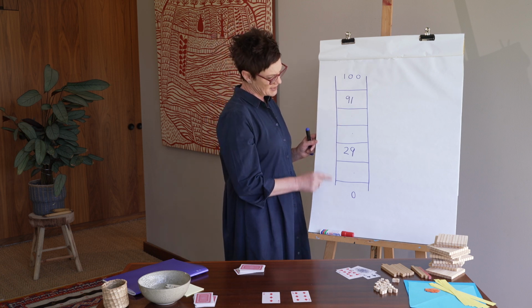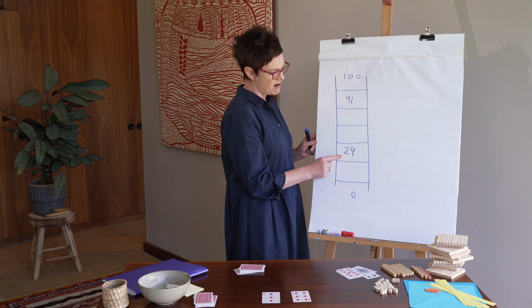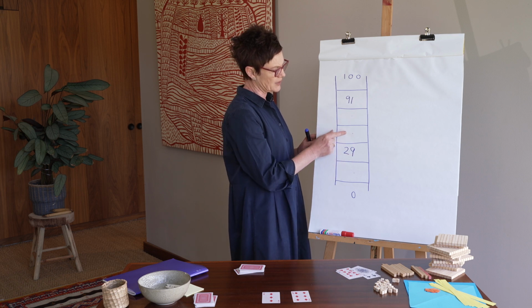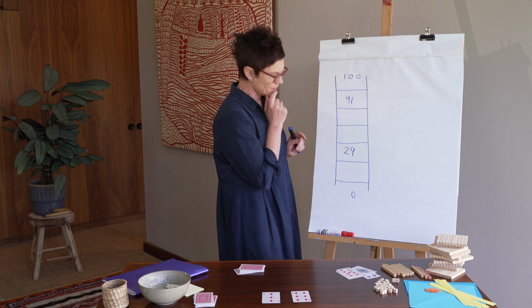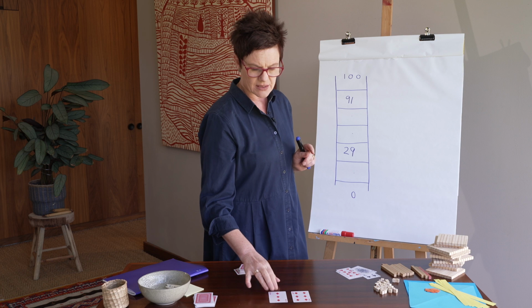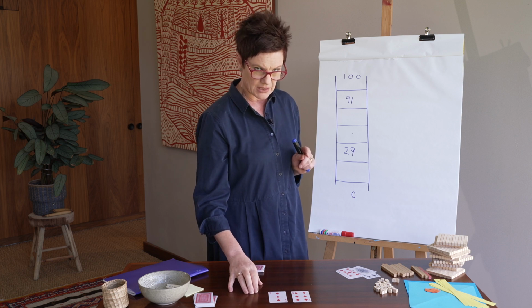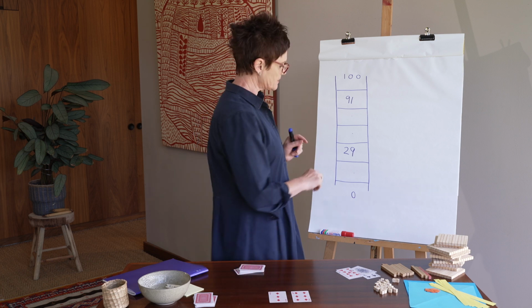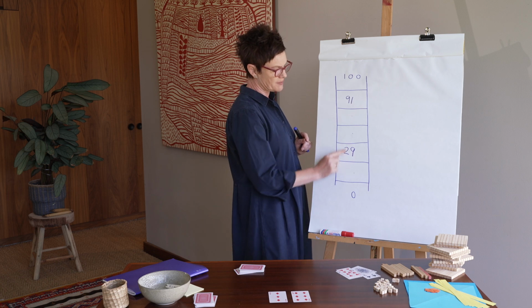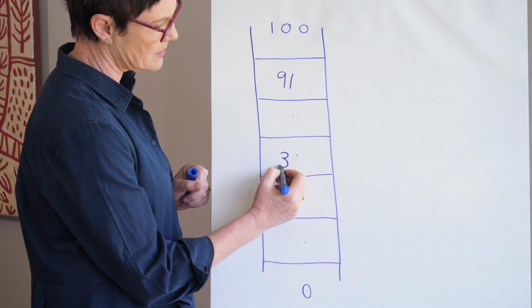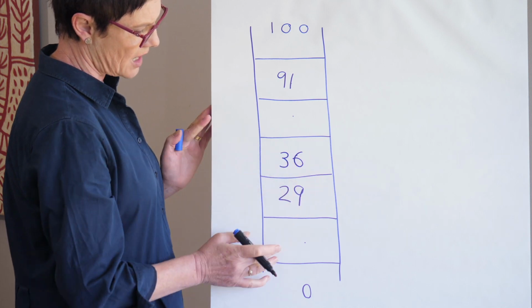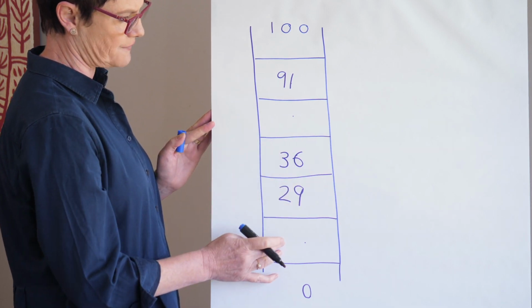Well, both of those numbers are bigger than 29, so I'm going to have to put them here or here. I think I'm going to pick 36 because I know it sits just above here. 36. I've got 2 spots left.